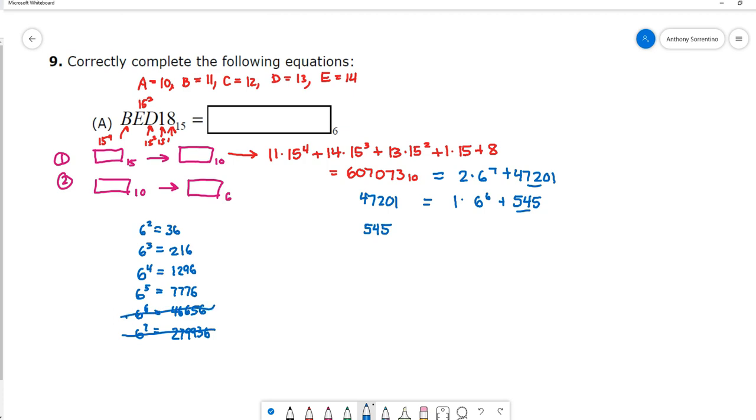Well, 6 to the 5th is not going to go into that, so it's much bigger. So I'm going to say 0 times 6 to the 5th plus that 545 again. 1296 is also too big, so I'm going to have a 0 times 6 to the 4th plus 545.